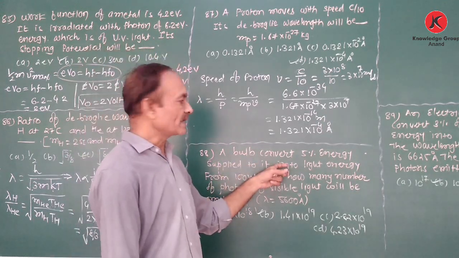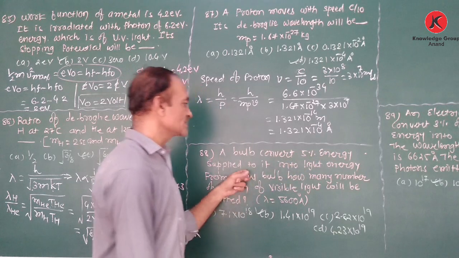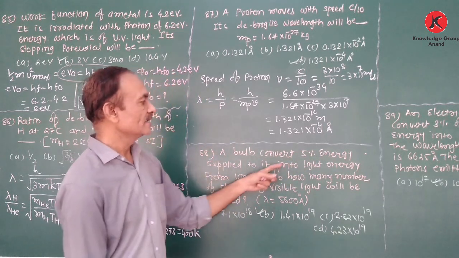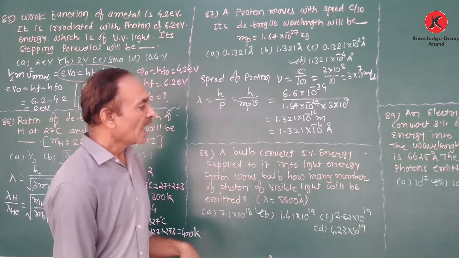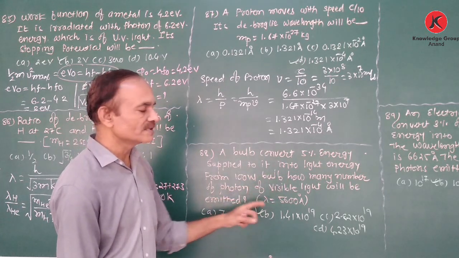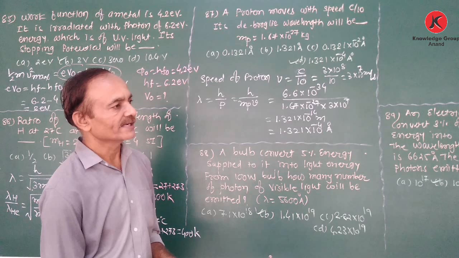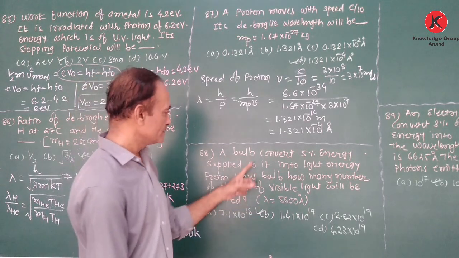Now, a bulb converts 5% of the energy applied to it into light energy. From a 100-watt bulb, how many photons of visible light will be emitted? Now, listen.